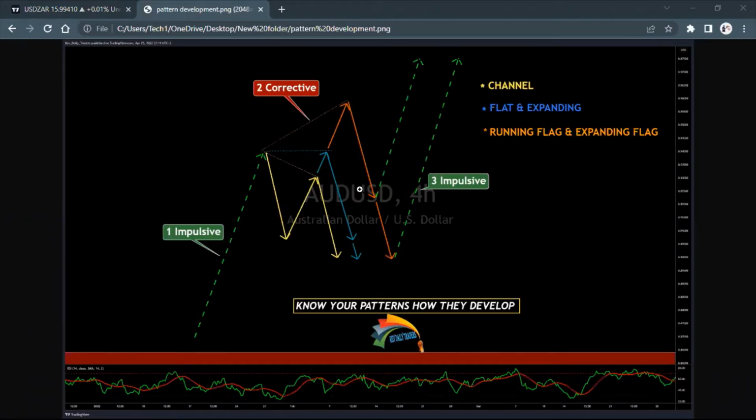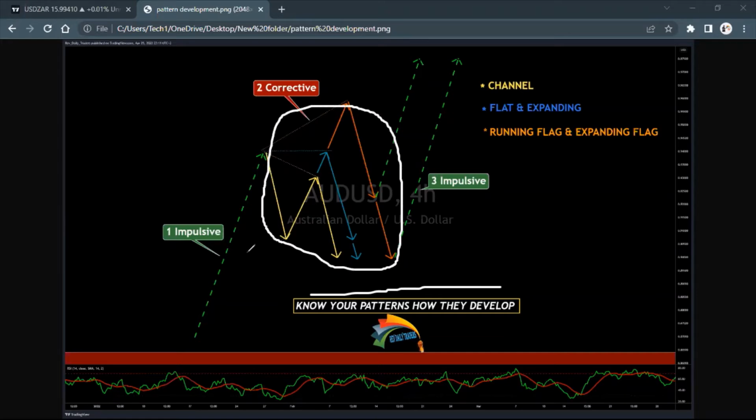If you can check our image here, we have a pattern or patterns. This is know your patterns, how they develop. We're going to teach you how these two develop. Remember, this is our one, this is our two, our next impulse will be three.